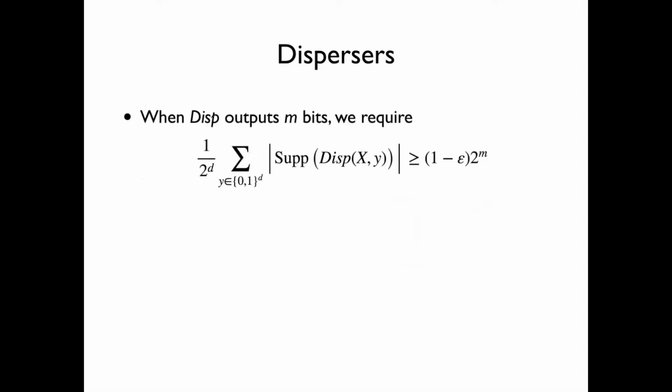Just to complete the picture, when we allow disp to output m bits, the requirement is that on average, over the fixing of the seed, the cardinality of the support of this distribution is at least (1 minus epsilon) times 2^m.